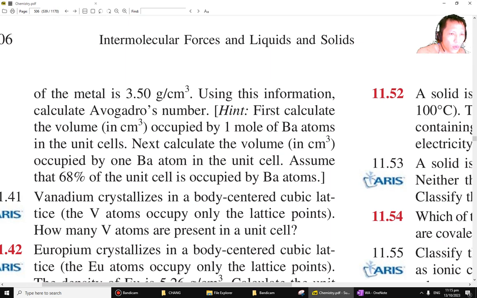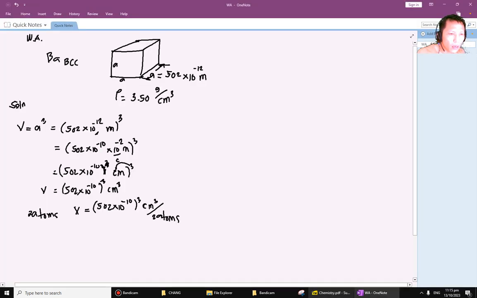Assume that 68% of the unit cell is occupied by barium atoms. Okay, 68% of the unit cell. 68% is occupied, so we only have to calculate 68% of this.